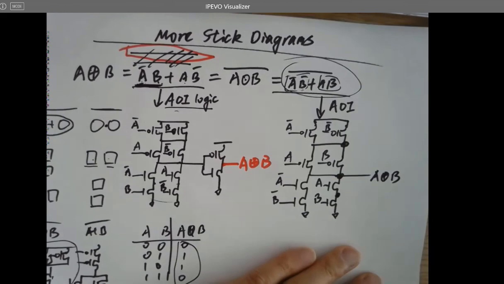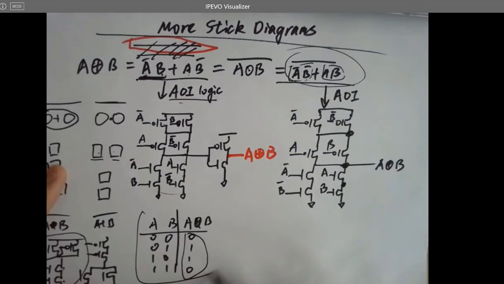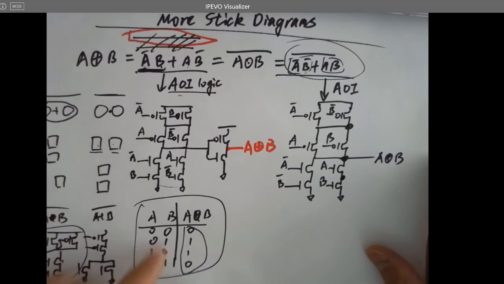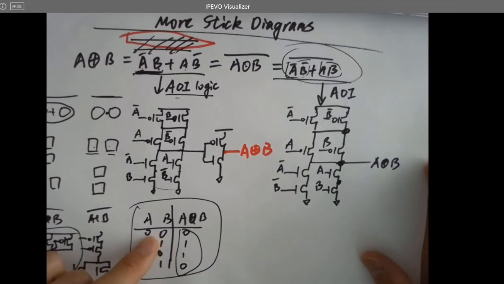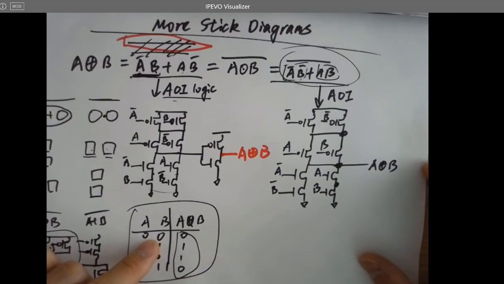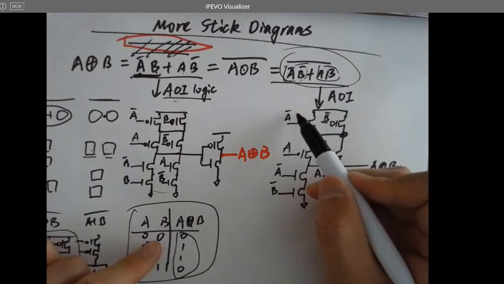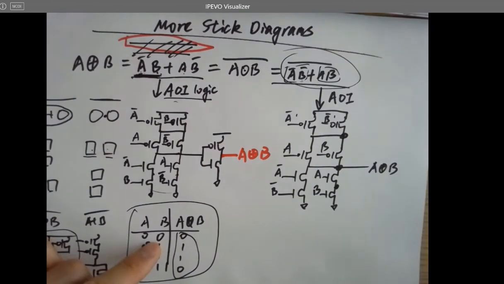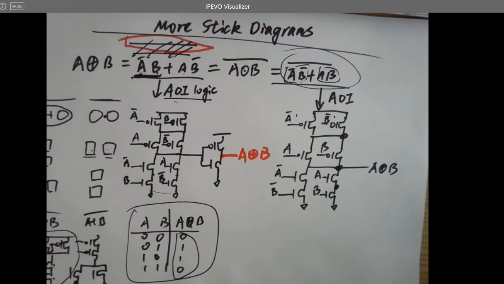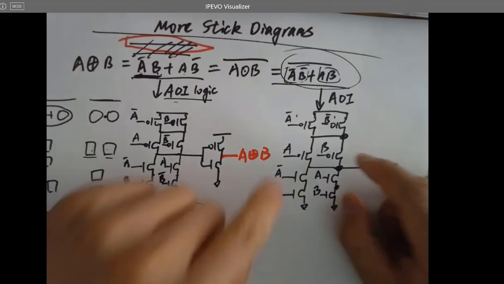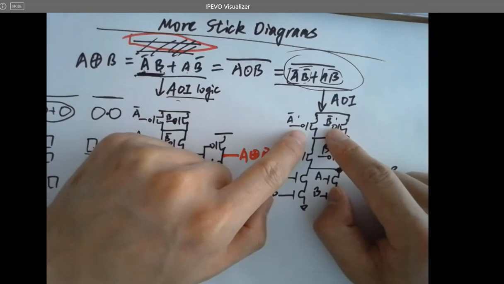Do you want to verify it? Let's see. Look at this truth table. If we have A, B are both zeros, what's going to happen? You're getting 1, 1 here. You got two high voltages for the two PMOSes.